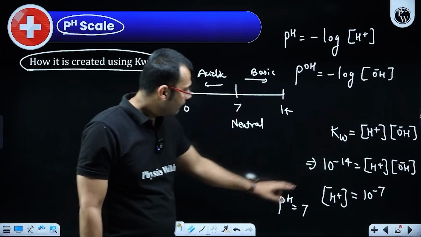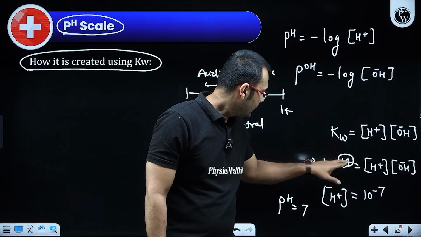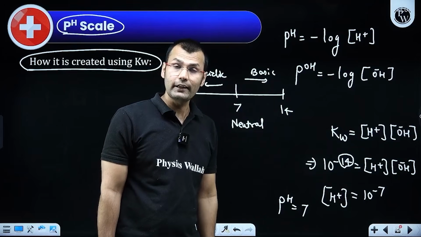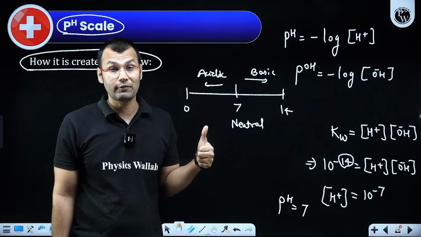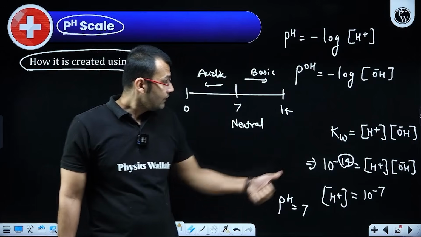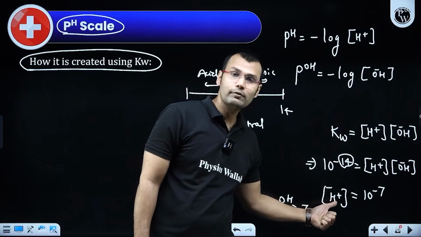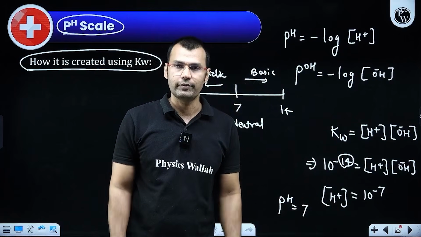And the power of Kw, that is 14, tells you the range of your pH scale from 0 to 14. So if I change the temperature from 25 degrees C, the Kw will change. If Kw changes, the concentration of H plus will change, the pH of water will change, and then the whole pH scale will shift, right?